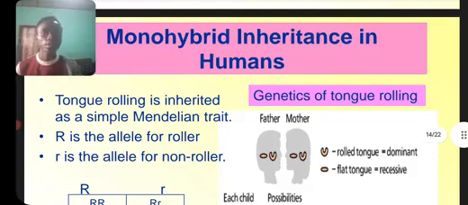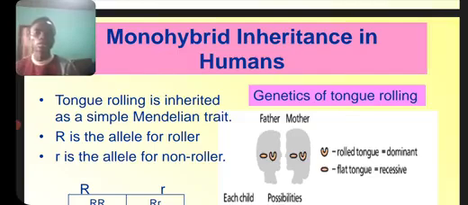So tongue rolling is inherited, and you can inherit it from your parents, maybe from your mother or your father. It depends on their genotype. For this example, we're using capital R as the allele for a roller, and lowercase r as the allele for a non-roller.